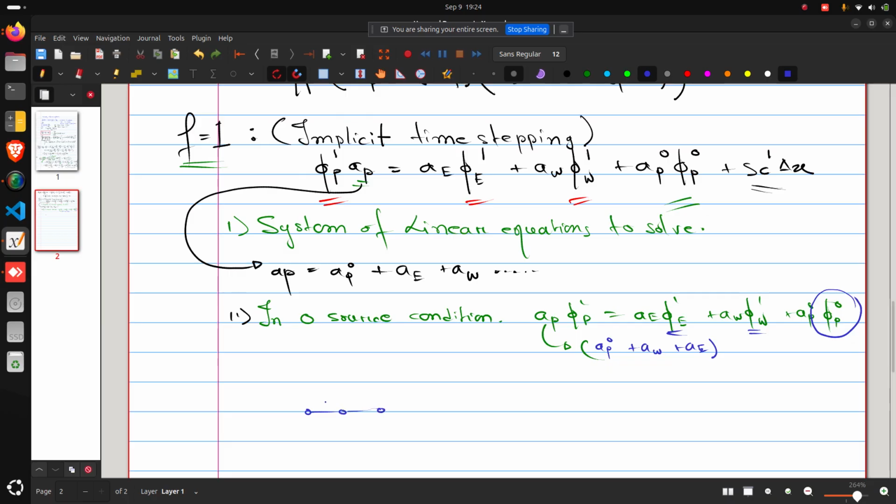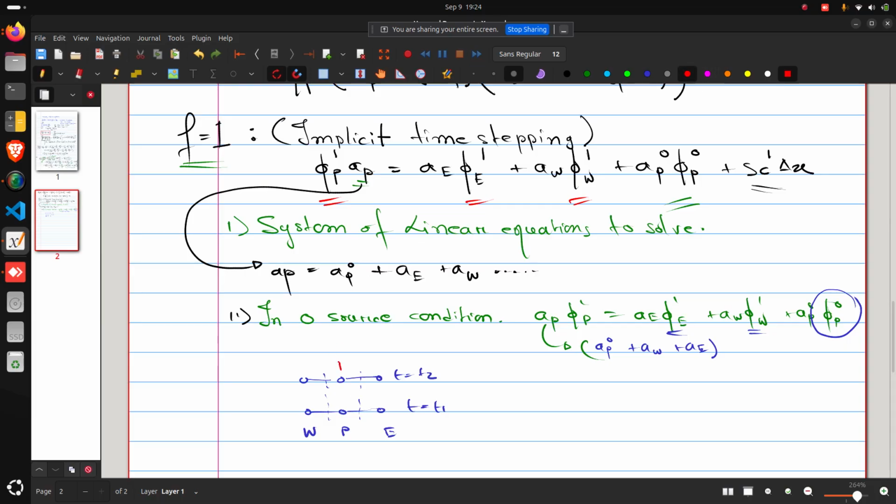So if we see the cells like this at say time t is equal to t1, and this is the point P, point west and point east. This is t is equal to t2.